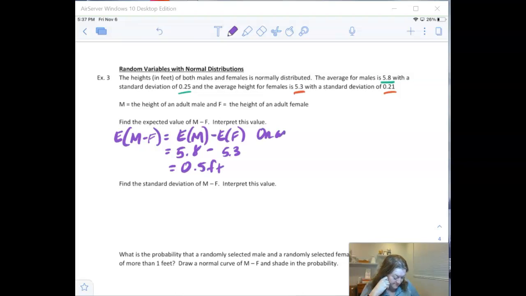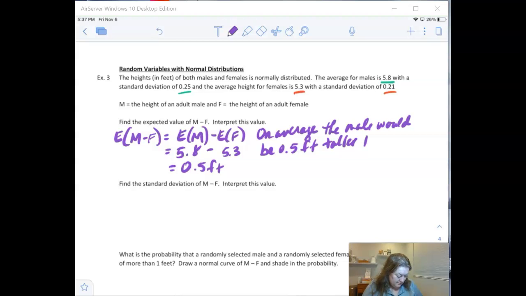So on average, a randomly selected male would be 0.5 feet taller than the average female. If I were to do this many, many times, select a random male and a random female, the differences in their height should be about 0.5, where males are taller.